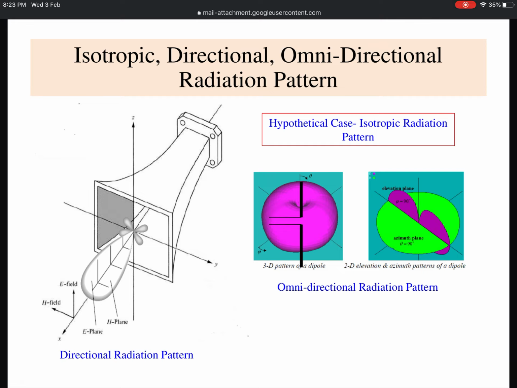The E plane and H plane I will come to a little later, but you just notice how the radiation comes from a horn. This type of radiation pattern I am calling a directional radiation pattern, because it is directed along a particular direction, and in my figure it is along the x direction.